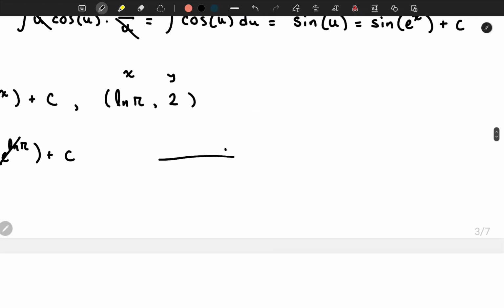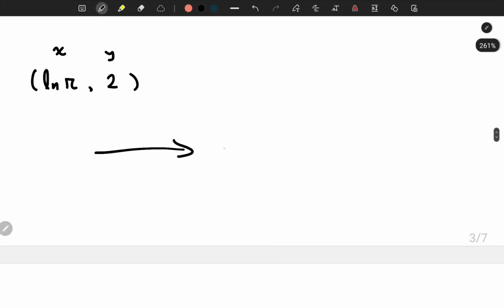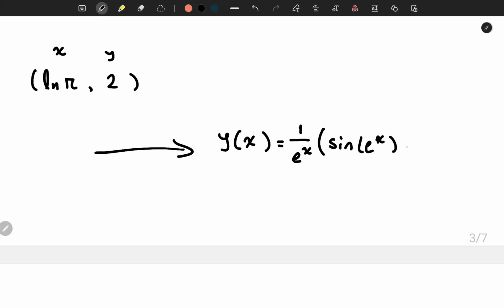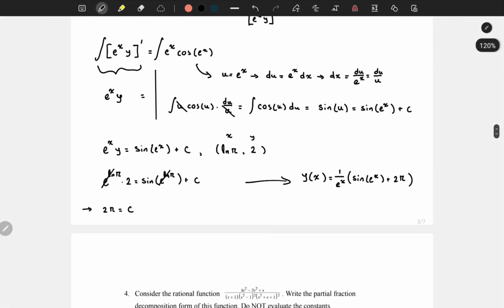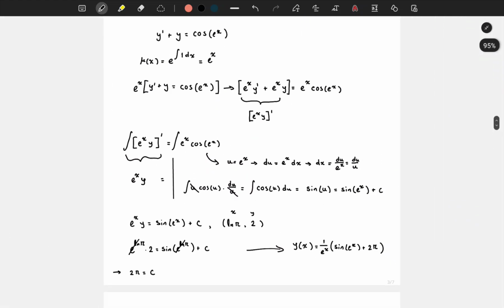So then, y of x is equal to 1 over e to the power of x times sine e to the power of x plus 2 pi, which is our c. And that is pretty much how we would solve this initial value problem.